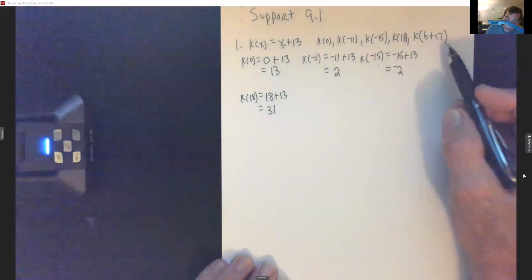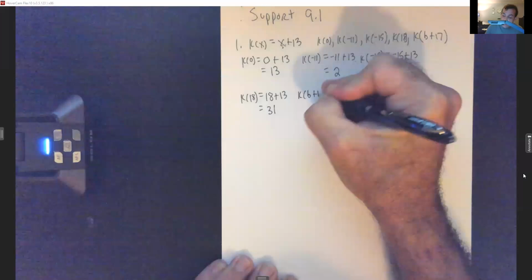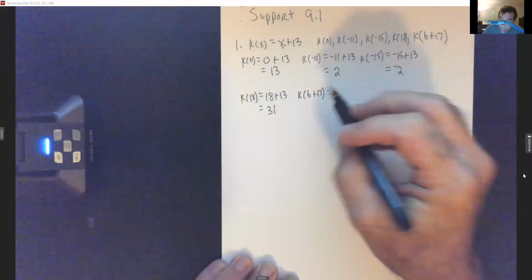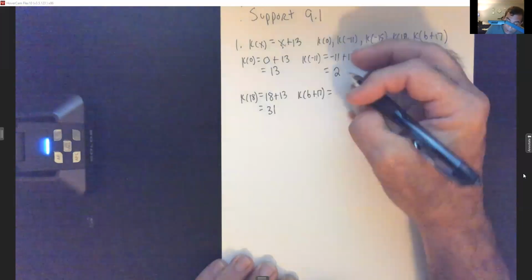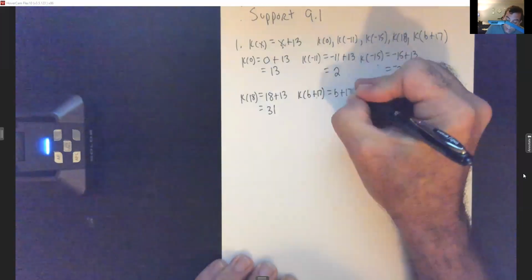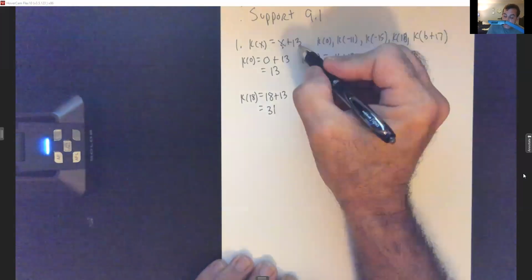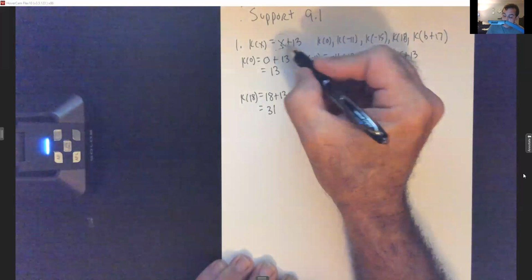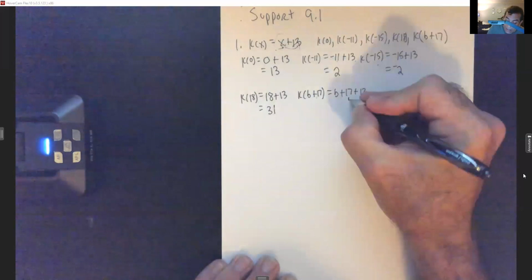Now this is going to be tricky. K of b plus 17. So they want me to put a b plus 17 in for the x. So that gives you b plus 17 plus 13 is still at the end. So you replace the x and you still got that plus 13. Now on this one, the only thing you can do is add the like terms.